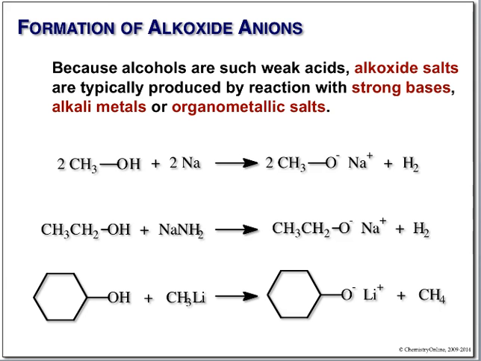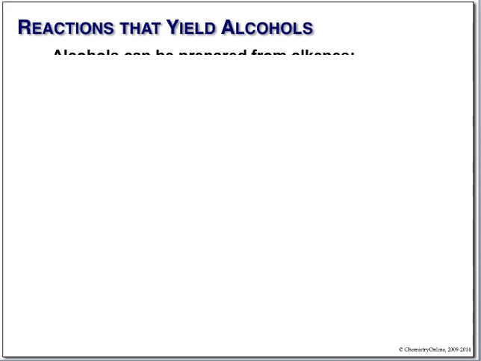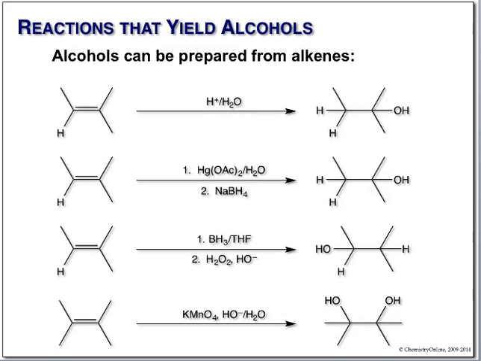All right, reactions that make alcohols. We already know these from way back in chapter 8-ish. If we take a simple alkene, we dump in acid and water, we can make an alcohol.